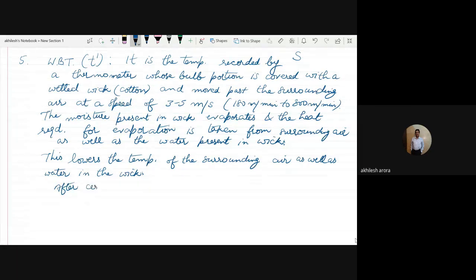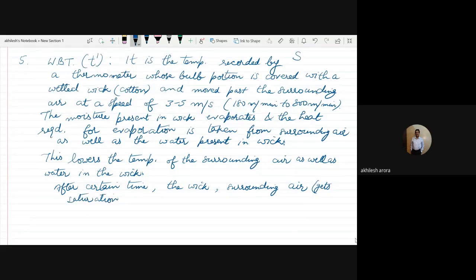After certain time, the wick, comma, surrounding air gets saturated due to evaporation of moisture, and are in thermal equilibrium.